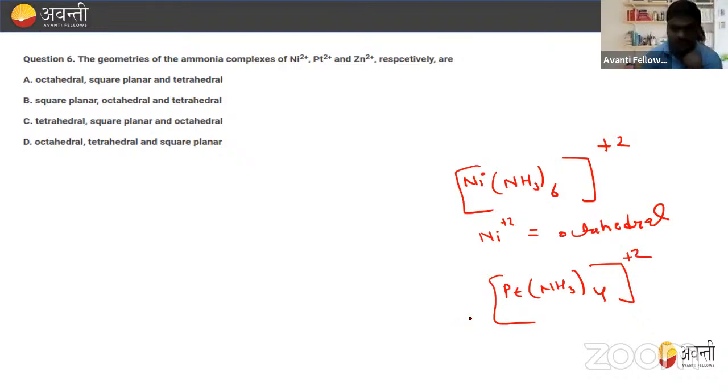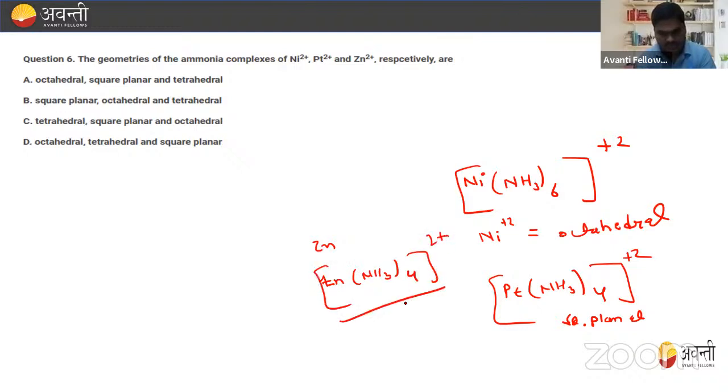Similarly with Zn +2, [Zn(NH3)4]2+, with coordination number 4, it will form tetrahedral. So the correct option for this question is A, that is octahedral, square planar, and tetrahedral. So this is how we can solve this.